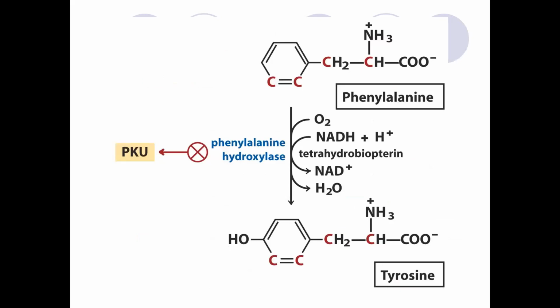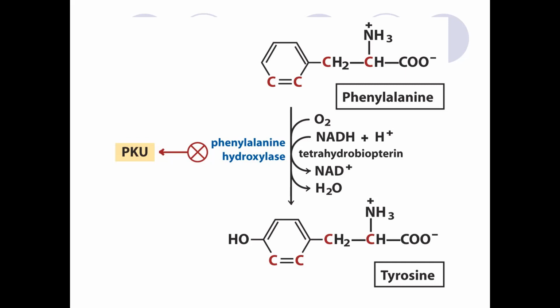So the first step involves the conversion, but really it's a hydroxylation of phenylalanine to tyrosine. And it uses a mixed function oxidase called phenylalanine hydroxylase. And this enzyme uses tetrahydrobiopterin as a cofactor.